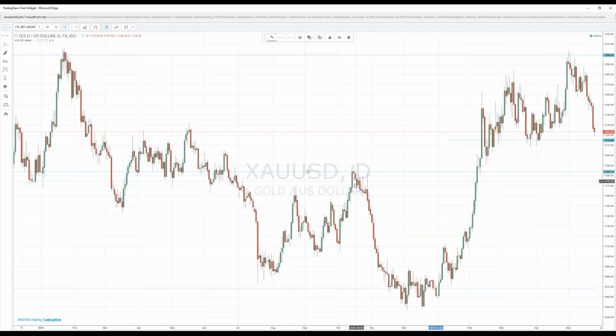So we had a reversal over here. We've had the pair testing it over here a bunch of times, right? And also this zone, not quite that, it's a little bit lower, but basically this zone seems to be an interesting target for gold prices.